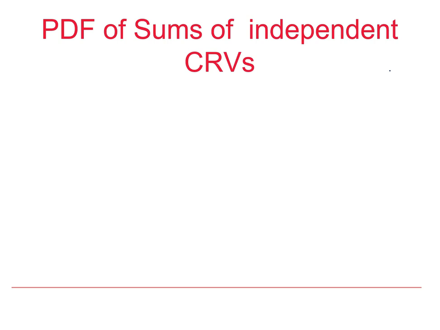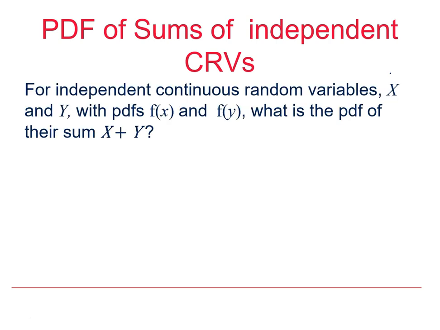So we've looked at the expectation and the variance for sums or differences of independent continuous random variables. It's a fairly sensible question to ask, what's the PDF of, for example, the sum x plus y? And remember, we could always be talking about a difference because that's just the sum of x plus minus y.